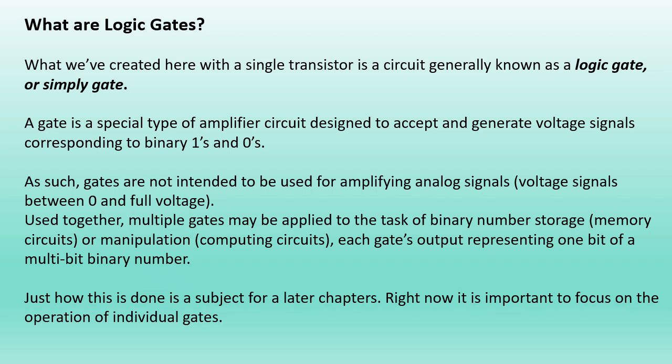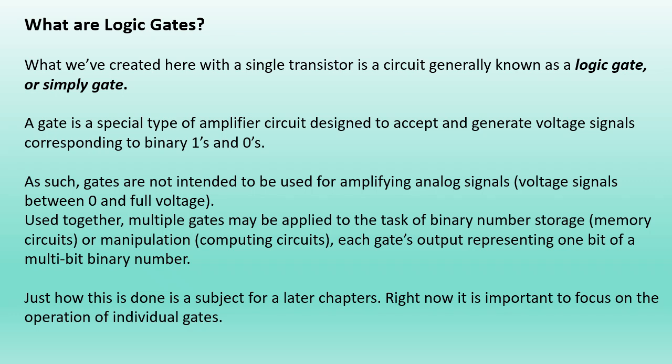What are logic gates? This type of transistor circuit is called a logic gate. A logic gate takes input signals and outputs a signal representing a binary 1 or 0. Gates are not used for analog signals. When several gates are connected together, they can store binary numbers or perform computations.